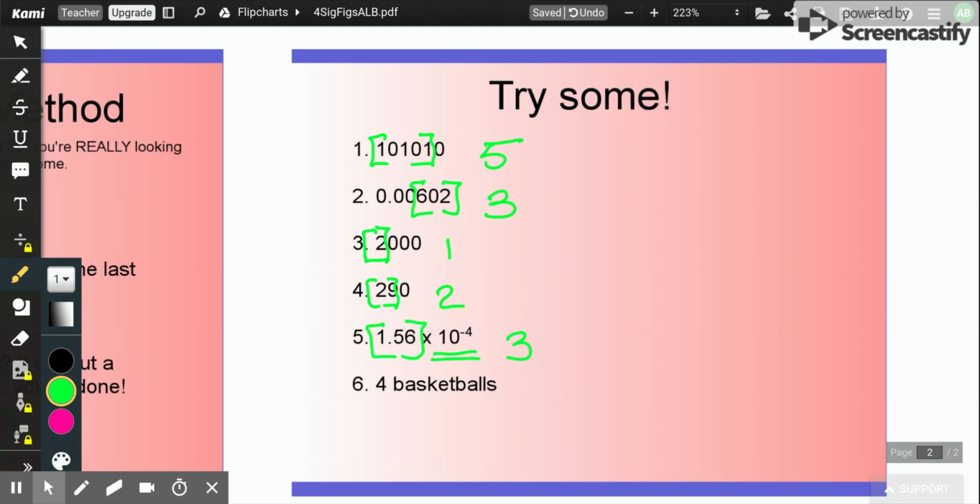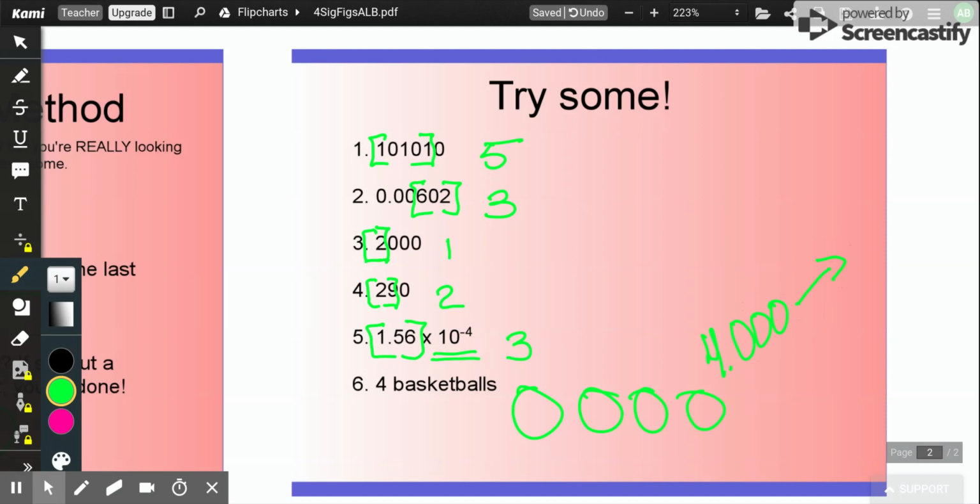Now this one is a tricky one, this 4 basketballs one. If I have 4 basketballs, 1, 2, 3, 4, I have 0 fractional basketballs. I don't have any extra, and I have exactly 4. In fact, I have 4.0 or 4.00 or 4.000, and I can keep going and going.